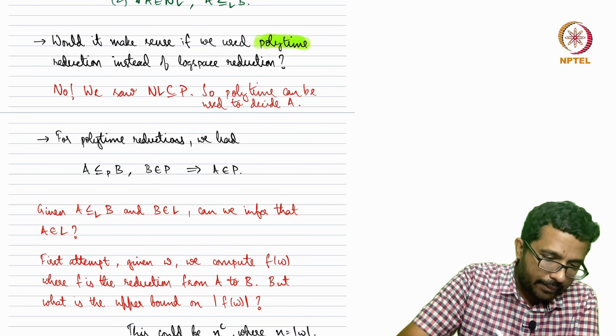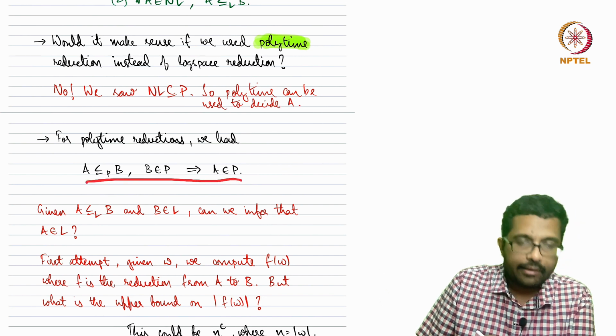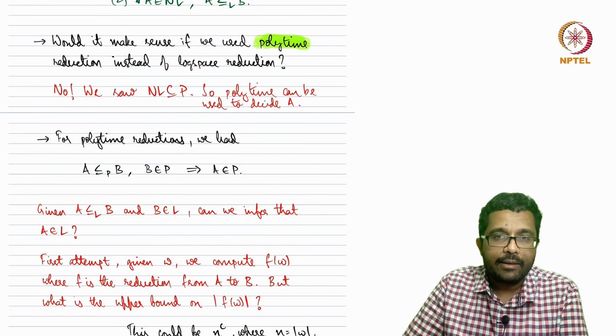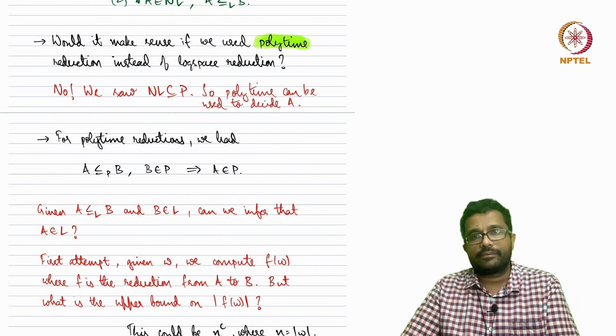Now let us come to the main objective of why we need reductions. In polynomial time reductions, if A reduces to B and B is decidable in polynomial time, that implies A is decidable in polynomial time.